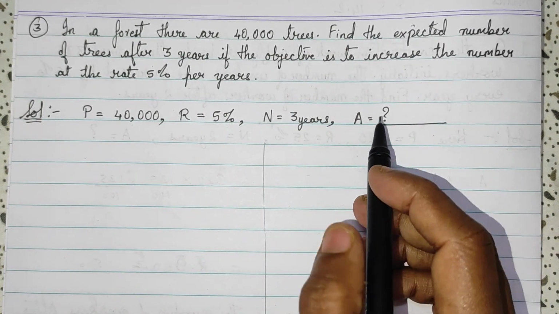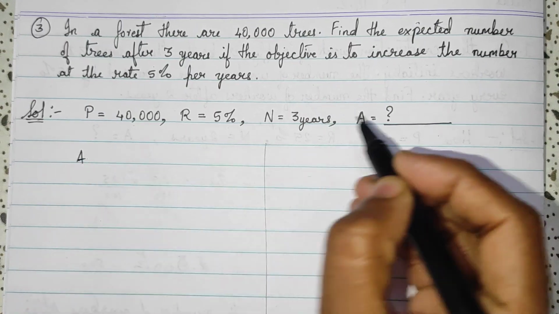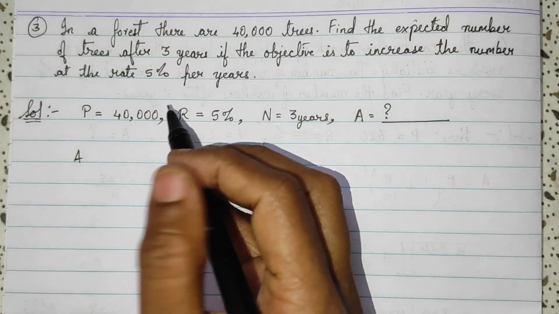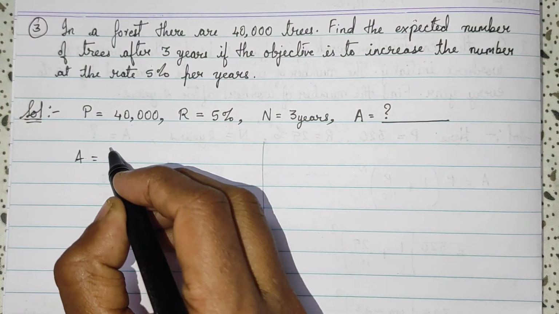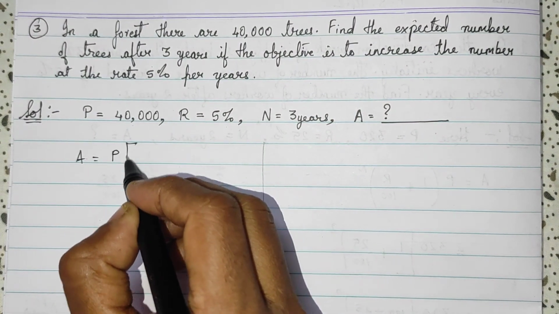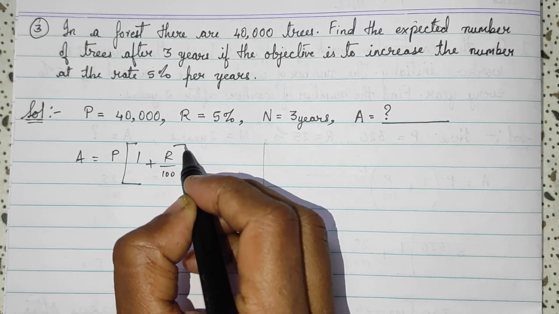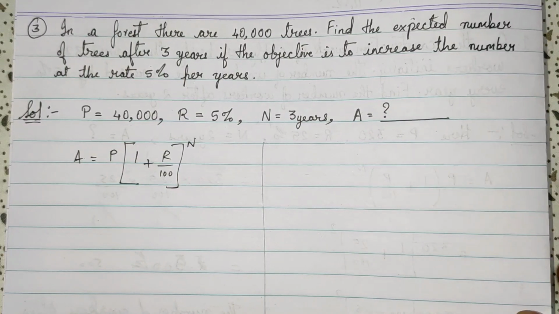So we have to find out amount. So amount means increase of numbers of trees. So here amount formula is principal (1 + r/100) the whole bracket raised to n.